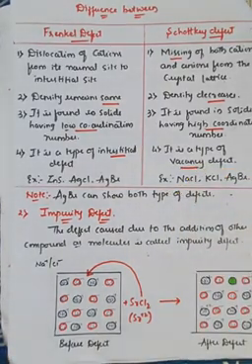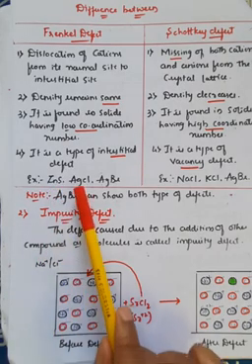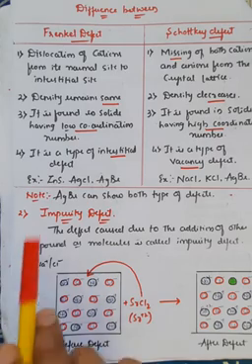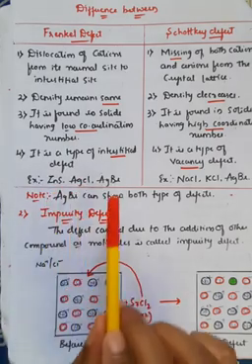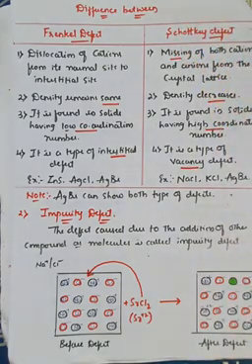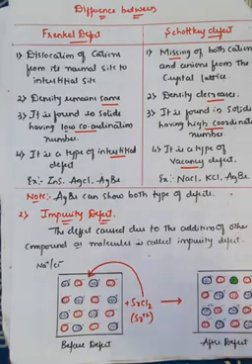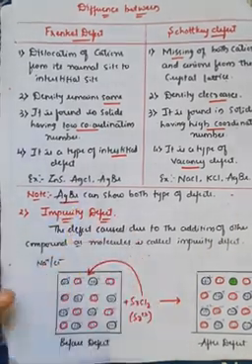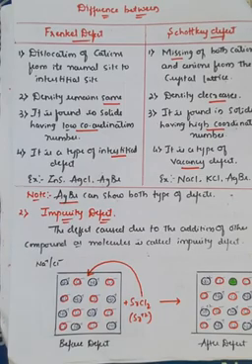And if you see the examples, the Frenkel defect can be observed in case of zinc sulfide, silver chloride, and silver bromide, right? But in case of Schottky defect, it can be seen in case of sodium chloride, potassium chloride, and silver bromide. And one important thing is silver bromide is the molecule which has the ability to show both types of defect, right?